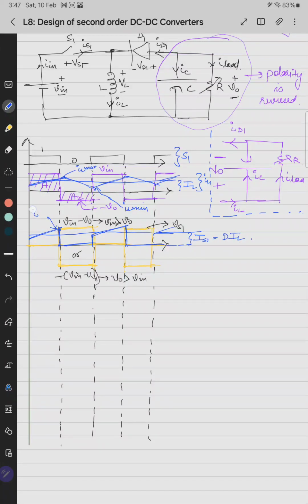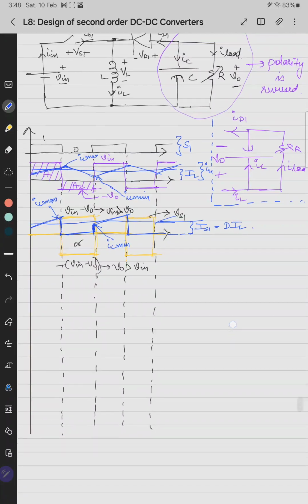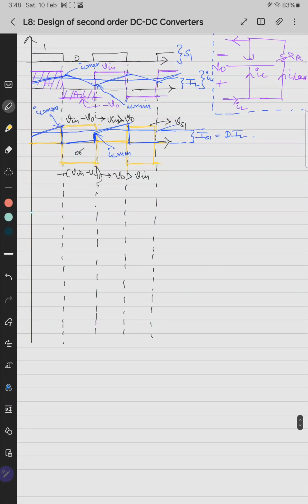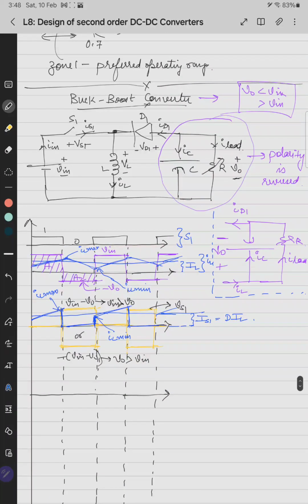Again, this is IL max, this is IL min. So switch is done. Now let's go on to the next element. Diode.